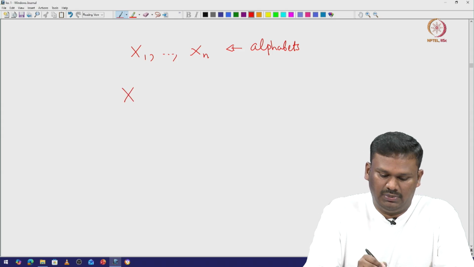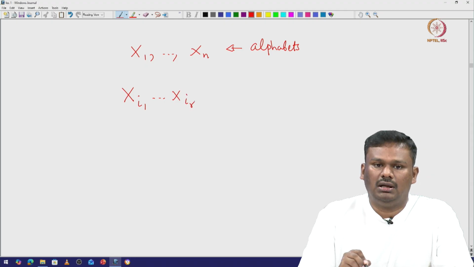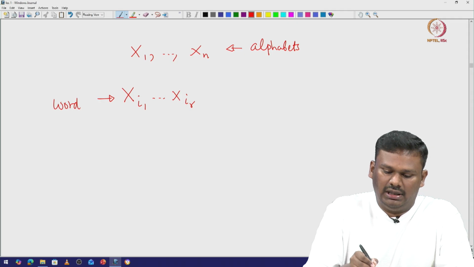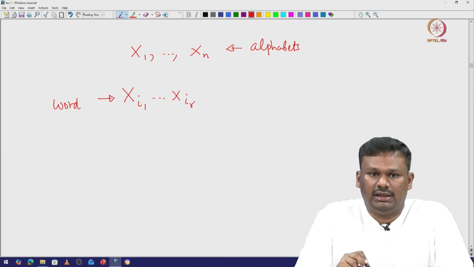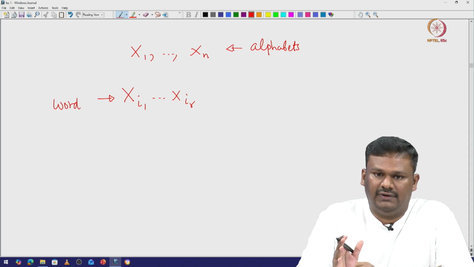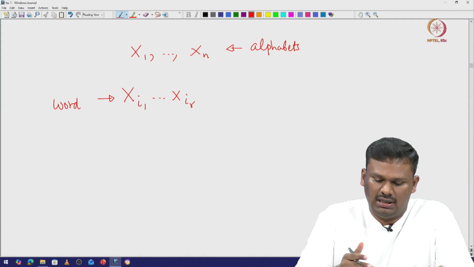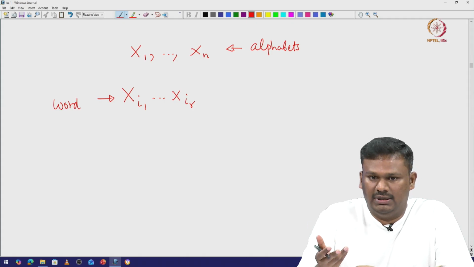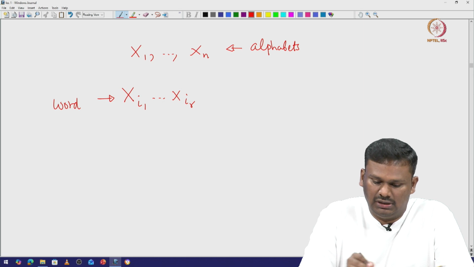So, I can simply take xi1 etcetera xir, and I can call this a word that is formed using the letters x1 etcetera xn. So, like in any given language, we have finitely many letters, and then we make words using those alphabets, or the letters. That is what I am doing.